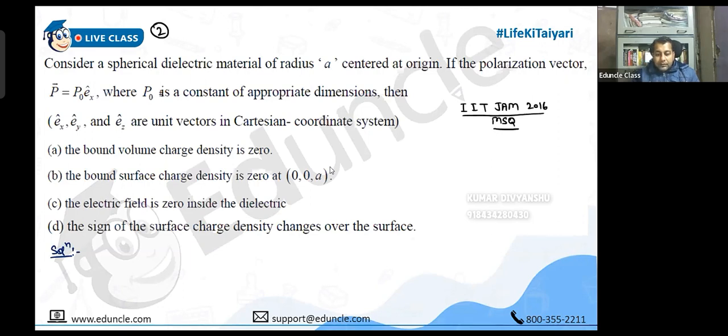Rita, again, it's not correct completely. At least you people should be sure about A and B. Bound volume charge density and bound surface charge density. So it is constant, so bound volume charge density is 0. So this is correct.